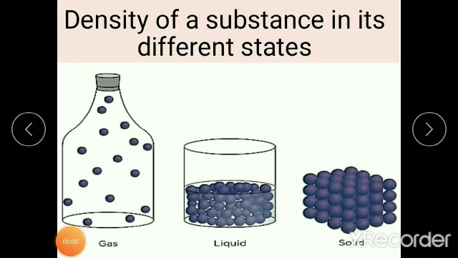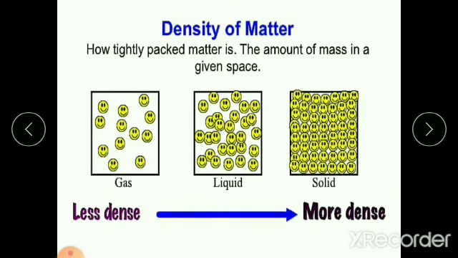The next topic is the density of a substance in its different states. You know that a substance can exist in 3 states. What are those 3 states? Solid, liquid and gas. For example, ice, water and steam are the 3 states of the same substance. According to the molecular model, the molecules of a solid are closely packed, of a liquid are loosely packed, while those of a gas are very loosely packed.